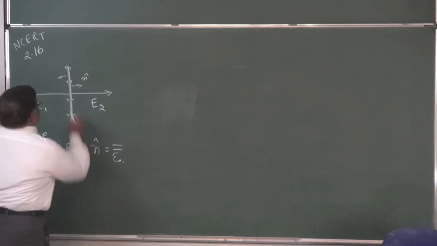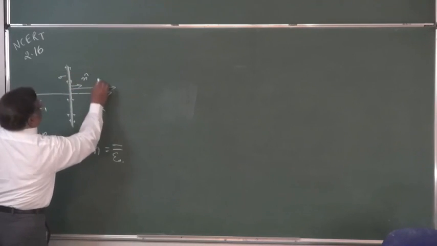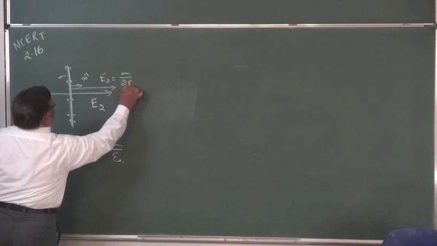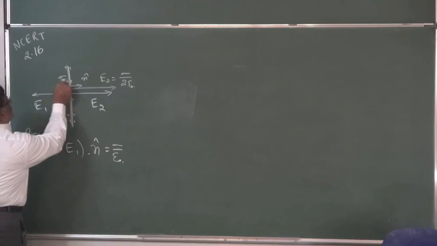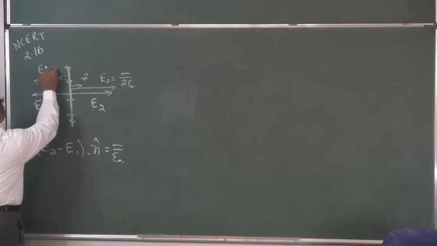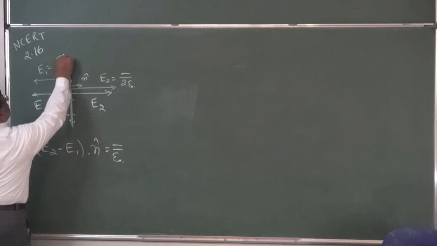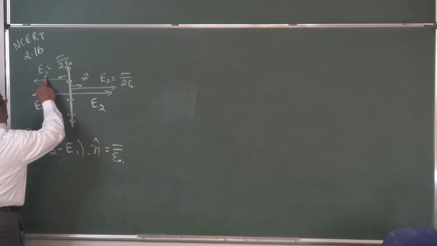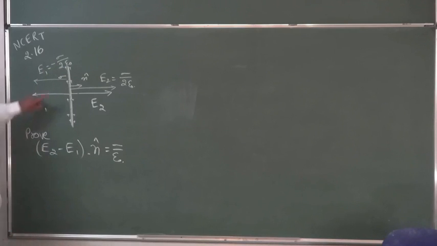For one single, for this one here, the electric field is sigma upon 2 epsilon naught. This we have done. The electric field in this direction is E1. This is sigma upon 2 epsilon naught, but its direction is in this direction, so this is minus.